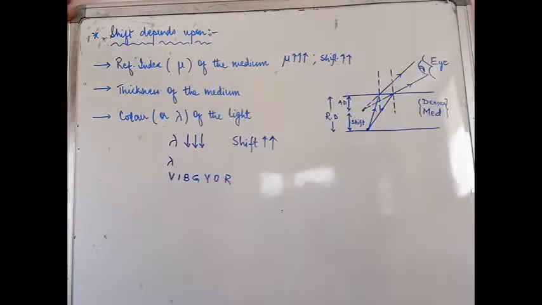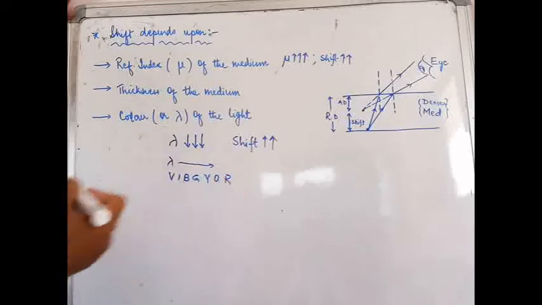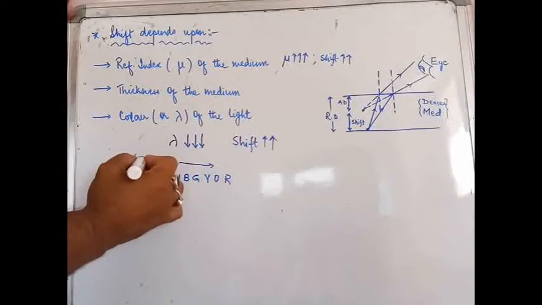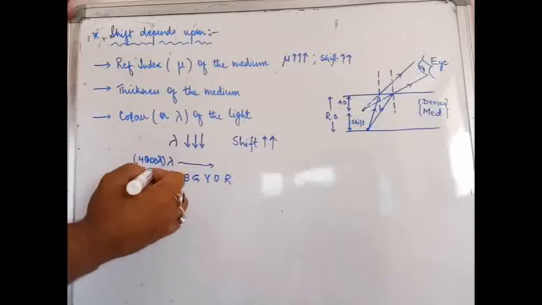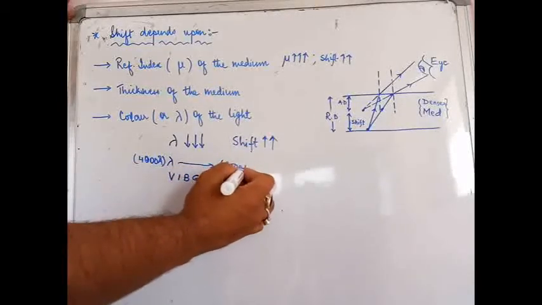VIBGYOR was the band of the 7 colors that we spoke about, and the lambda value increased in this fashion. To give you the exact value once again, it was around 4000 angstrom for violet color, and for red color it was somewhere around 8000 angstrom.